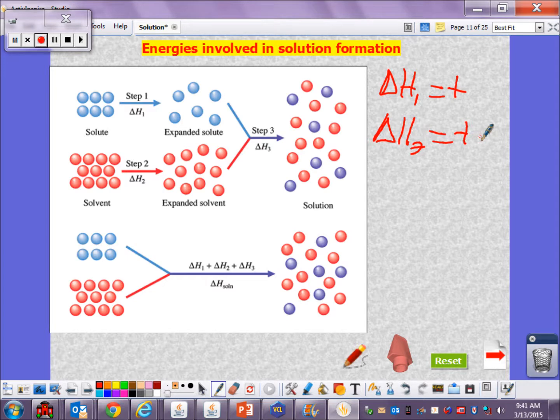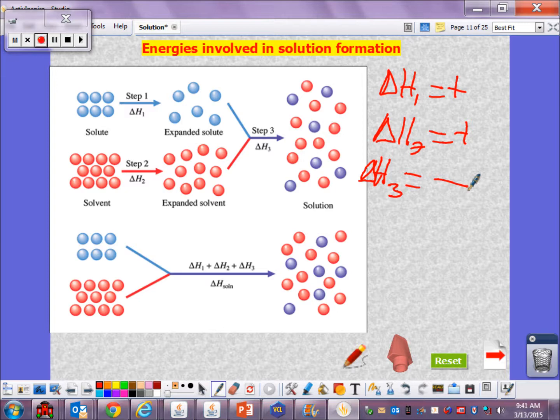And you have delta H of the mixture. Now there should be an interaction between the solute that you expanded and the solvent, putting them together. Delta H3 will be negative because you are forming a force between them.